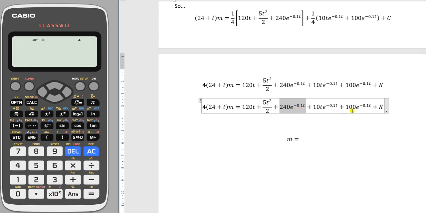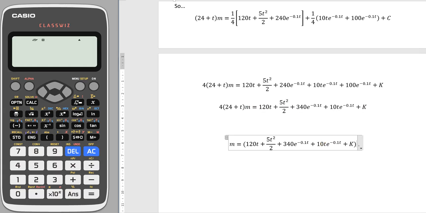So these two terms can go together and give what looks like 340 e to the minus 0.1t. We've also got the t term, the t squared. We've got e to the minus 0.1t and t e to the minus 0.1t. So when all of that's sorted out and all said and done, we're going to end up with m equals this stuff on the top, 4 times 24 plus t on the bottom.